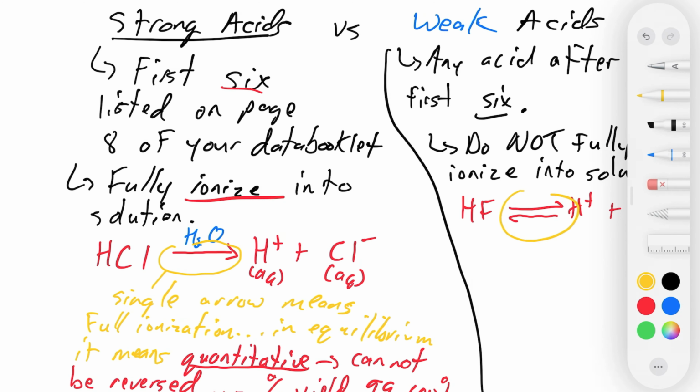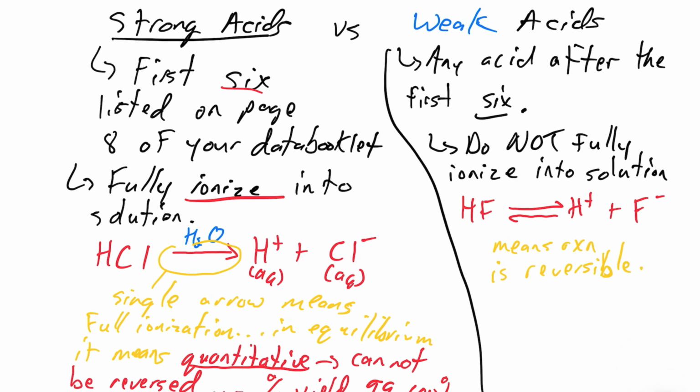The other thing that we're going to understand is, and I'm going to erase that yellow line here so that we can have some room to write it, is that the mechanism, right, the ionization capability of these acids, is going to reach the forward reaction with a percent yield of less than 50%.